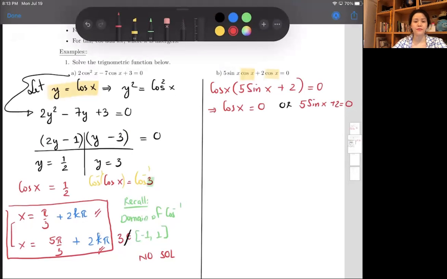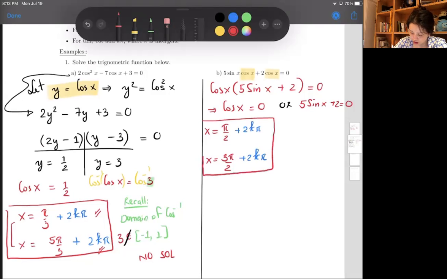Okay, so cosine of x equals 0 when x equals pi half, or x equals 3 pi half, right? And again, because it's a cosine function, we're going to add 2k pi at the end, plus 2k pi. Okay, so these are our solutions.